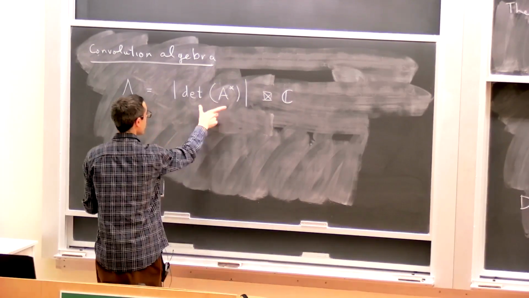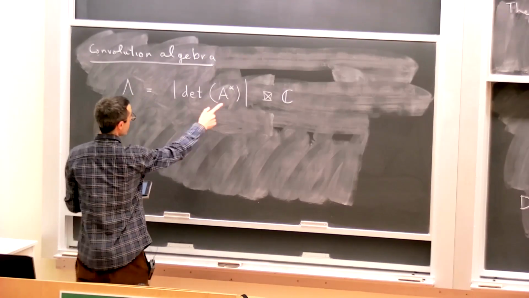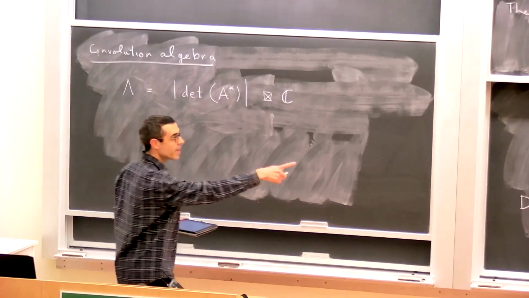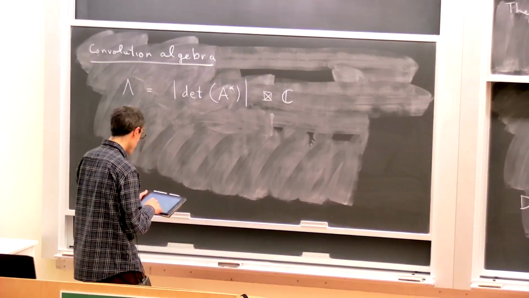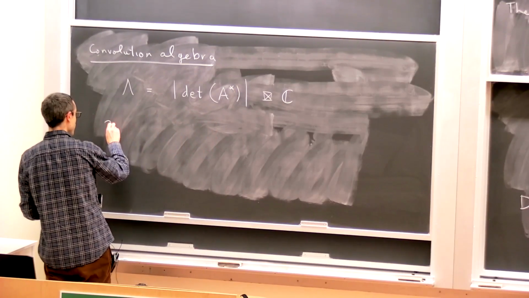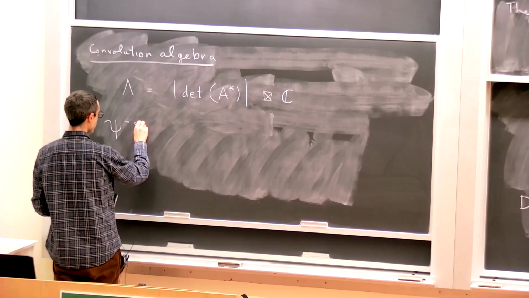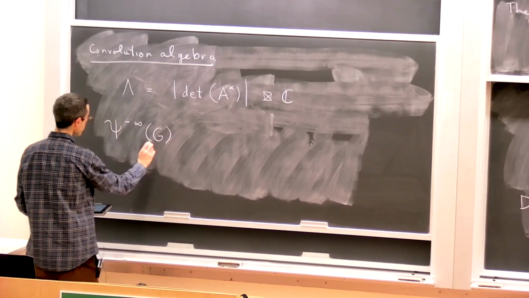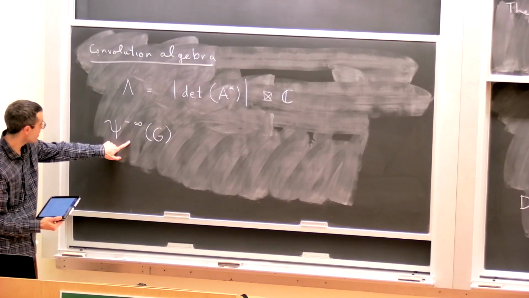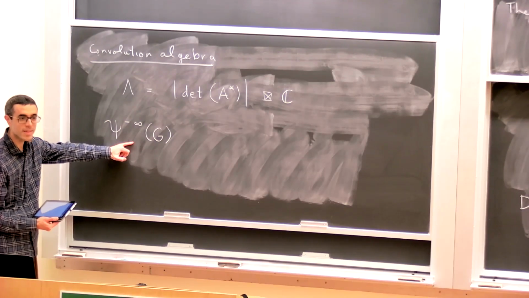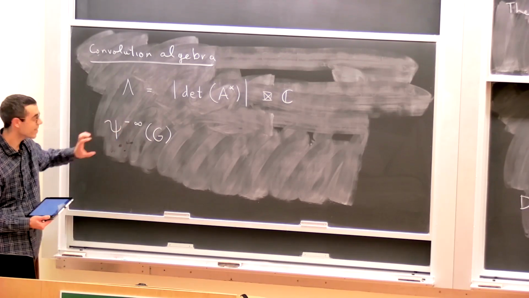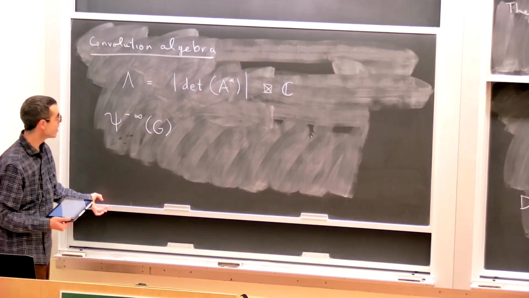Okay, so this is the bundle that, when you pull back under the range projection, like what I was doing over there, becomes densities on the source fibers. And then there's this algebra, which I'm going to call Psi minus infinity of G. This notation is motivated by the pseudo-differential calculus that I mentioned at the beginning; these will be the smoothing operators in that story.